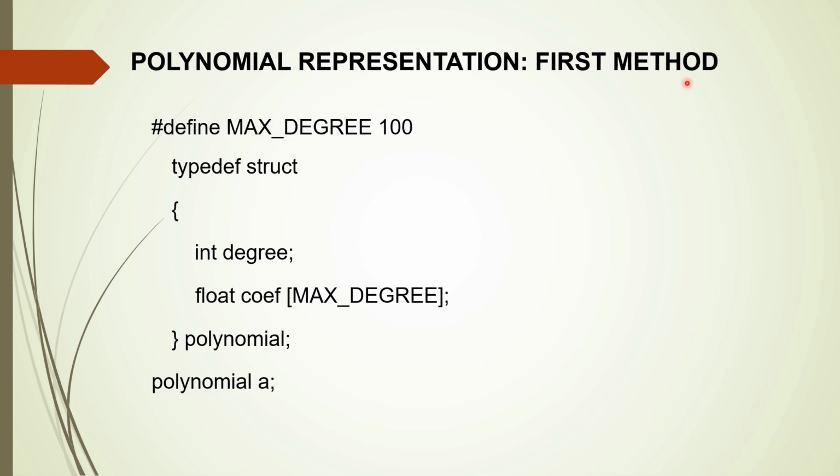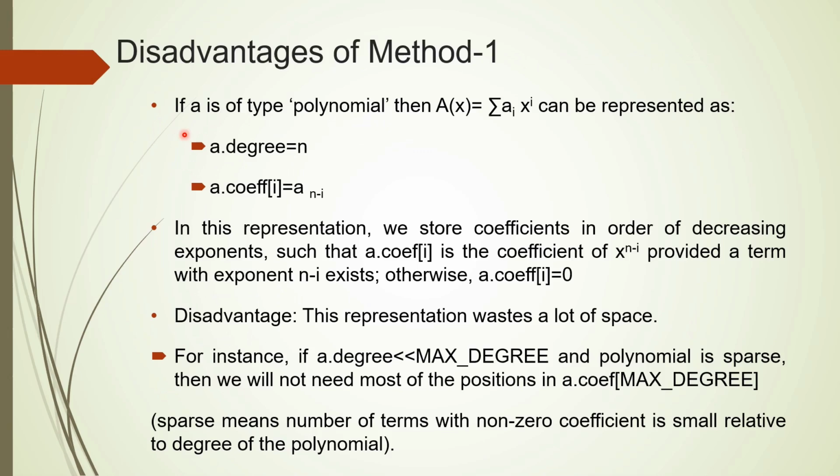As I already mentioned, there are two methods to represent a polynomial. So this is the first method. Now let us see how the terms of the polynomial are going to be stored by using the first method. So a dot degree is equal to n. Degree means the leading exponent of a polynomial. A dot coefficient of i is equal to a sub n minus i. In this representation, we store the coefficients in order of decreasing exponent.